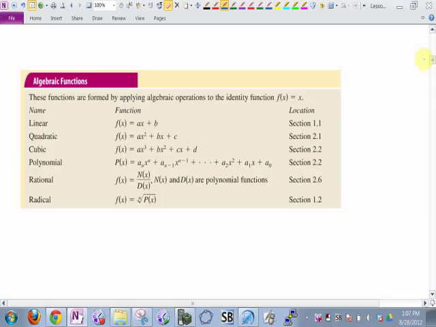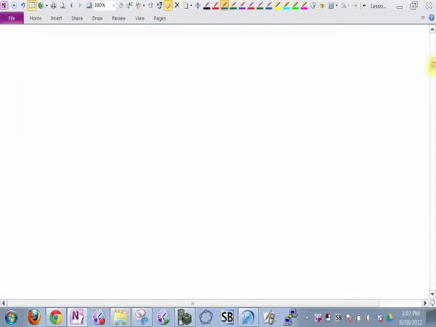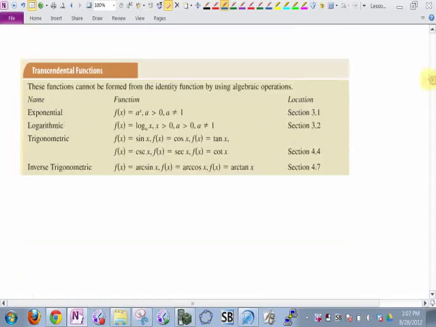You might think it's an English term, like Walt Whitman and Thoreau. What were they? They were, there you go, transcendental. So algebraic functions, the functions that are not algebraic are called transcendental. And so here are some examples of transcendental functions.